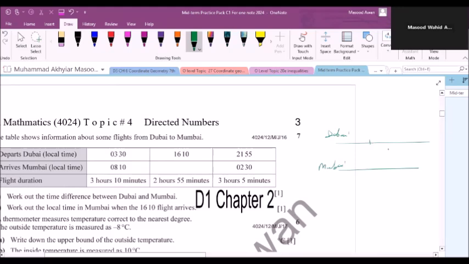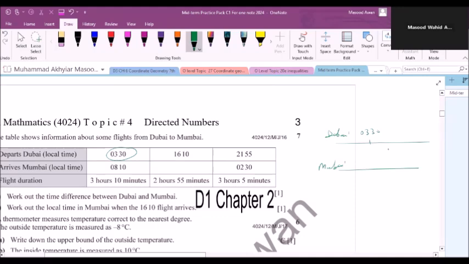This is the time for Dubai, the departure time. Departure time means 03:30. Sorry, not PM. This is 03:30.